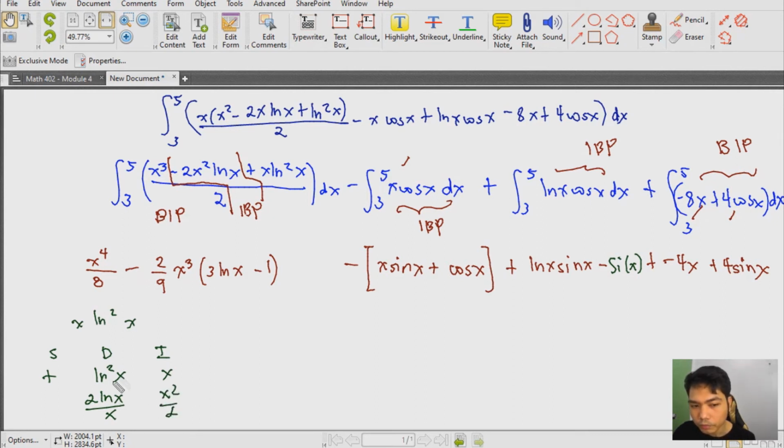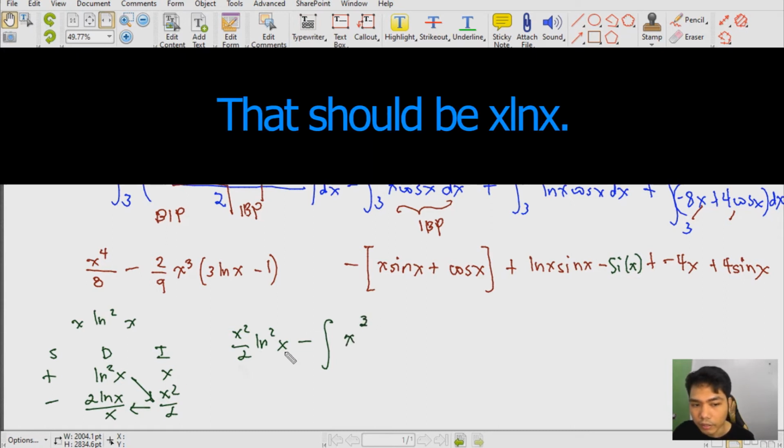Hopefully we can derive the antiderivative from this. Then we will have x squared over 2 ln squared x, and then minus the integral of x squared over 2, so the 2 cancels, and we'll be left with x squared ln x.